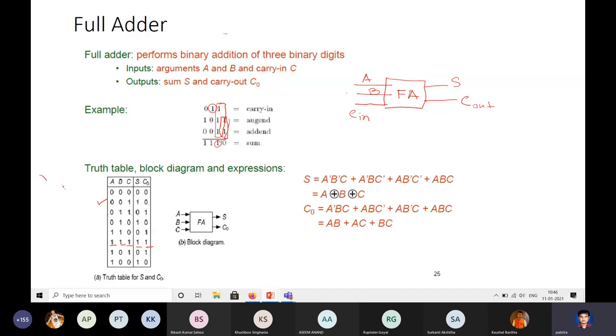Now let us look at the logic. One simple way of finding the logic is that you look at the output, identify all the rows which have 1, and look at their input values. If they are 0, you put the complement, otherwise you put them as they are.